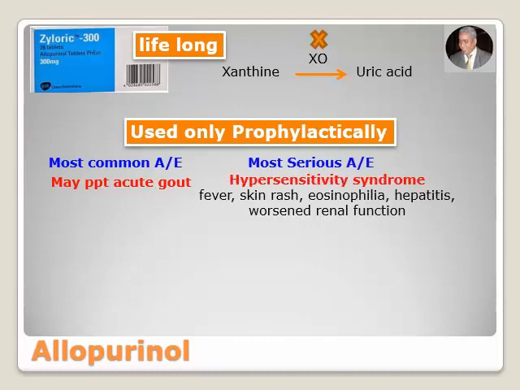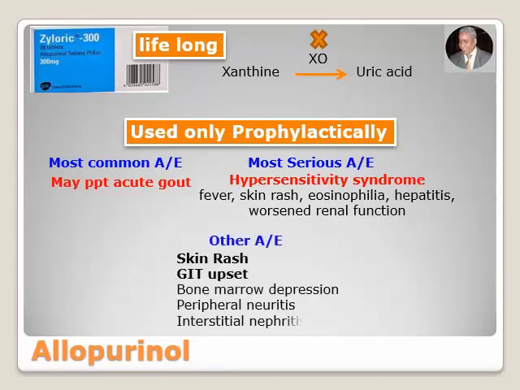The most serious adverse effect is a form of hypersensitivity, associated with fever, and internal organ damage. Other adverse effects include skin rash, nausea, and vomiting, decreased white blood cell count secondary to bone marrow depression, peripheral neuritis, and interstitial nephritis.